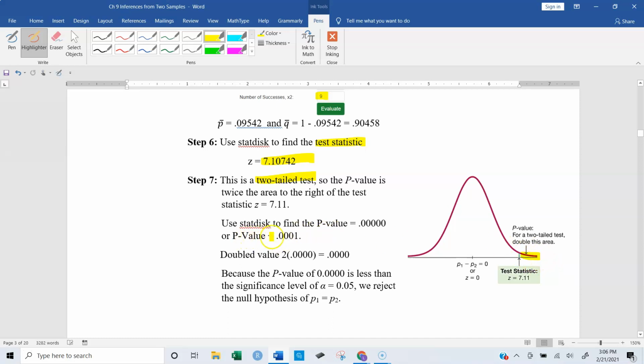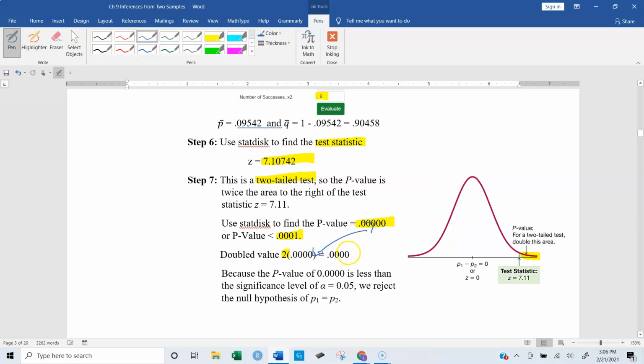So we take our p-value, whatever it is, and this time we got 0.000. Now remember, that's everybody to the right, so we're going to use 0.001. If you want to do it according to the way the book does, we can use StatDisk only, and that's fine. So we have to take 2 times this value.